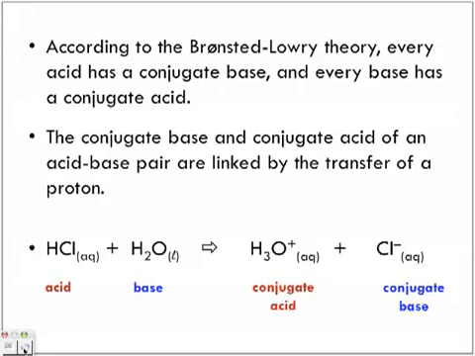Conjugate base and conjugate acid of an acid-base pair are linked by the transfer of protons. The proton got transferred from the HCl to the water. The water picked up that hydrogen ion, thus becoming H3O+. Because it picked it up, it's considered the conjugate acid. Because this one gave up that hydrogen, it's known as the conjugate base.